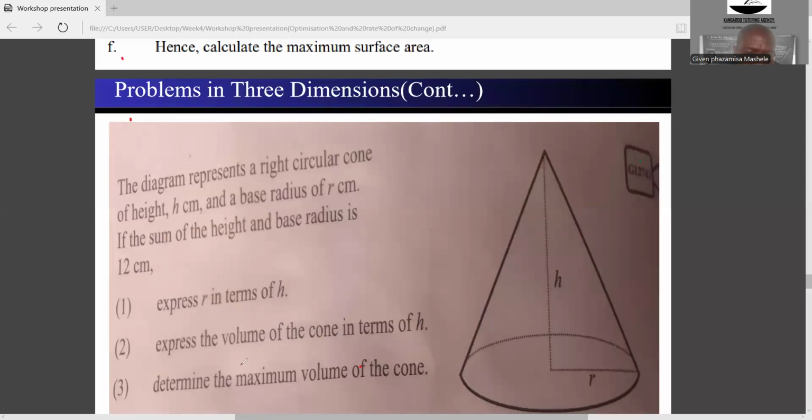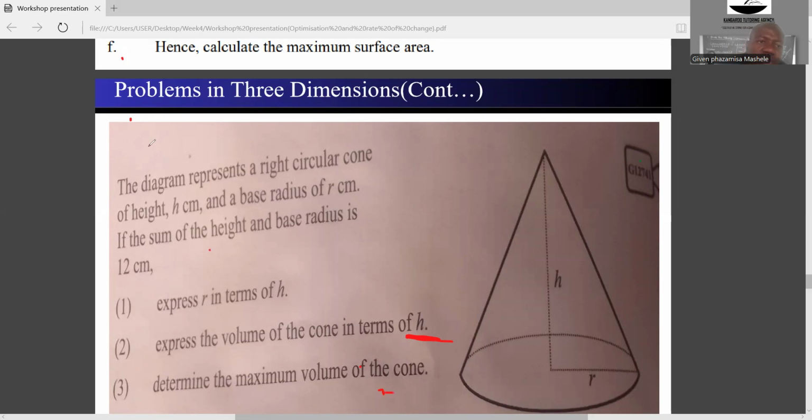Then it says express the volume of the cone in terms of h, and also determine the maximum volume of that cone. Remember, what is the volume? How do we remember the volume of a cone?